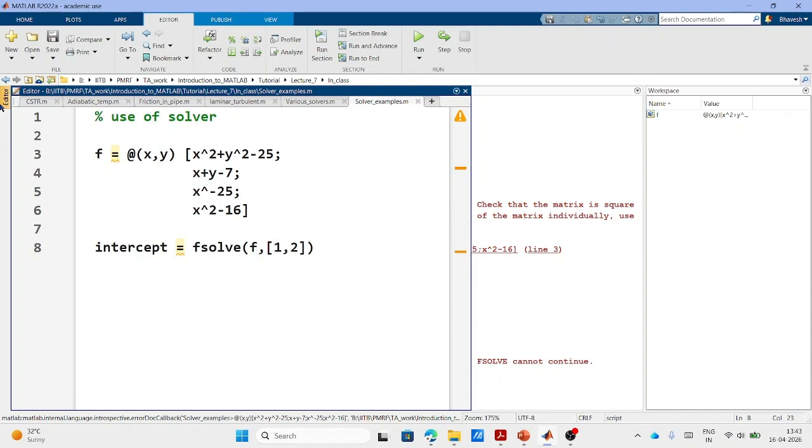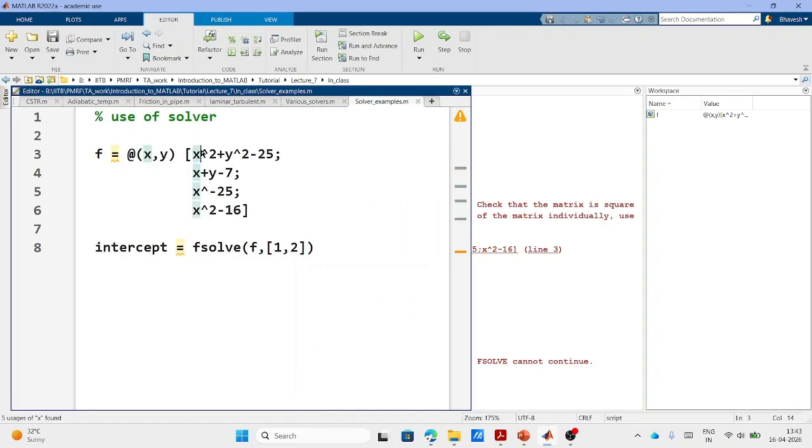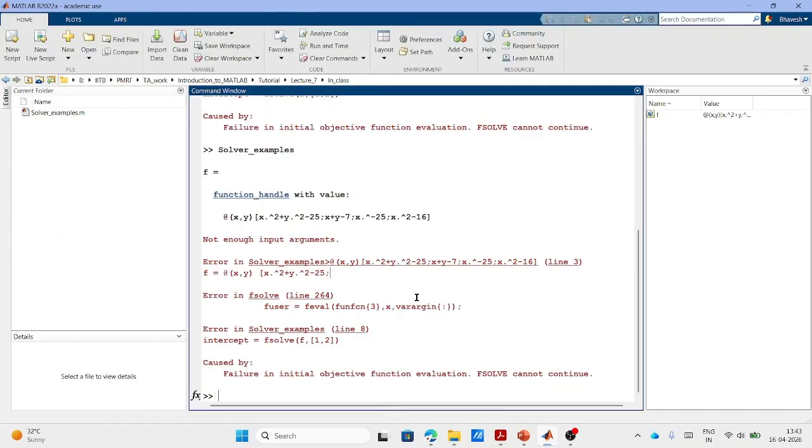Instead of directly using the power raised to 2, we have to use the dot power. If you recall the earlier classes, we had mentioned that for the summation and multiplication of your vector, you have to use this.